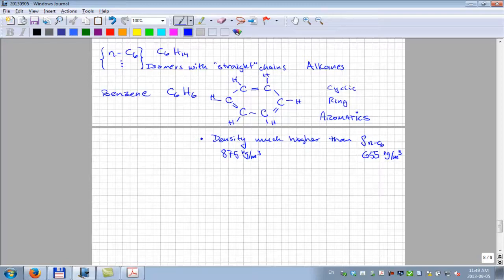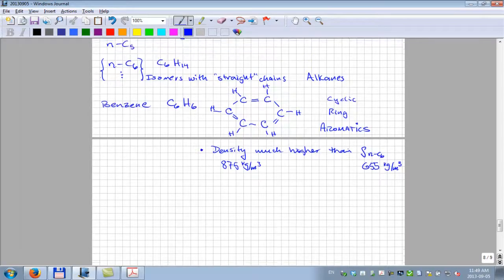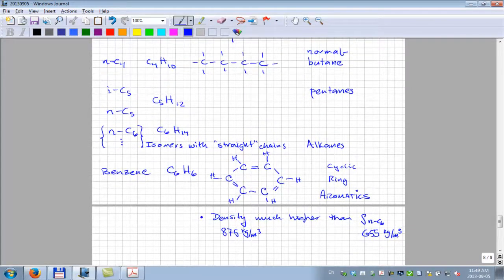Why is it denser? Well, I'm not a chemist, so it must have something to do with the geometry of these carbon numbers being in a ring, being more compact than a longer chain. I really don't know.